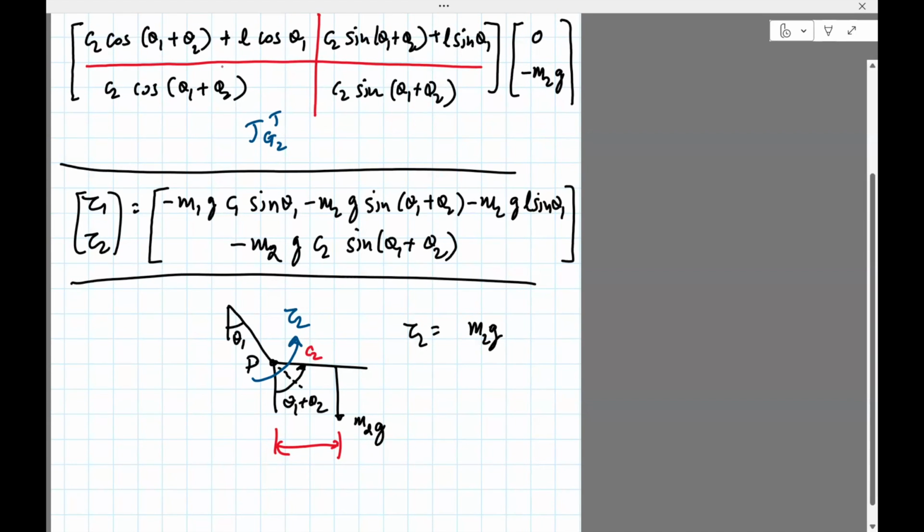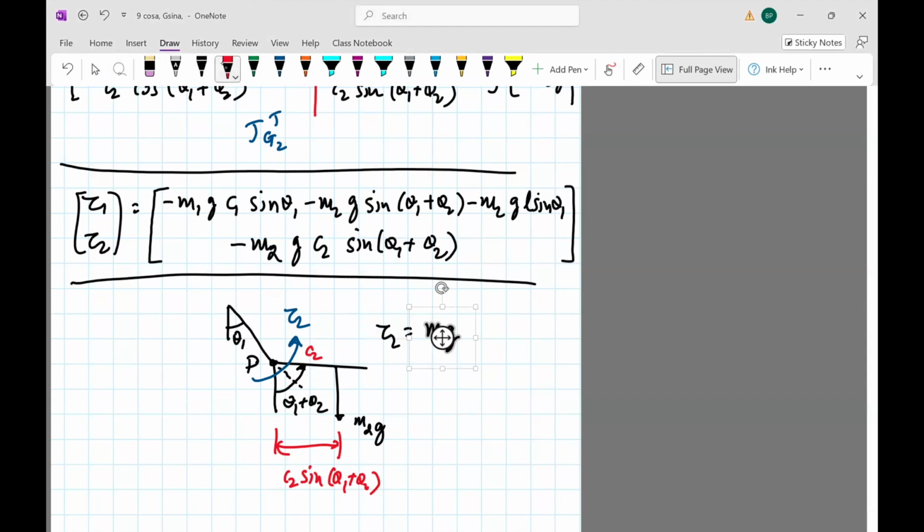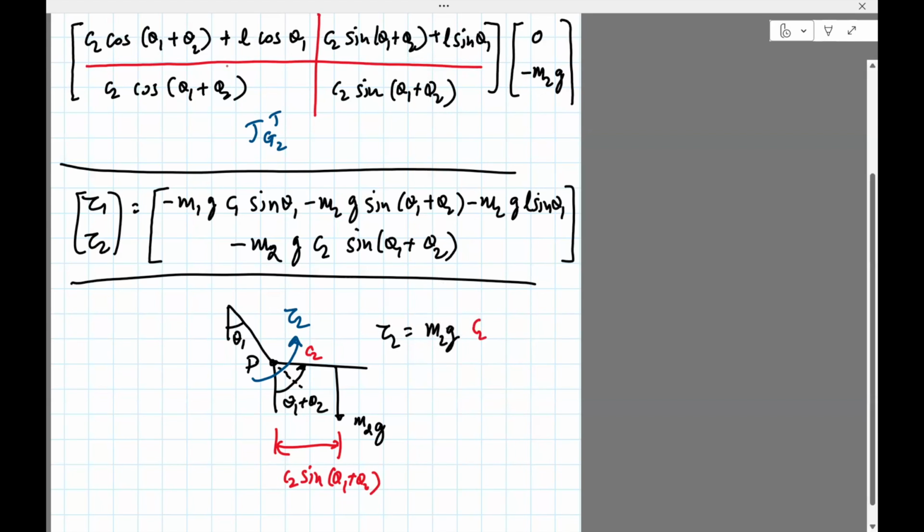So it's going to be C2 sine theta 1 plus theta 2. So that goes in here. So check this and check this.